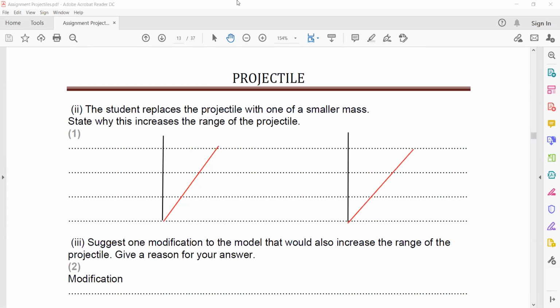So when we change the angle to 30 degrees, the initial elastic strain energy is the same for both, because the rubber is stretched the same. But here we are using, for example, 1 kg, and in another case we are using 2 kg. When the projectile is launched from this point A, both cases the projectile will have the same kinetic energy. The formula is kinetic energy is half mv squared.